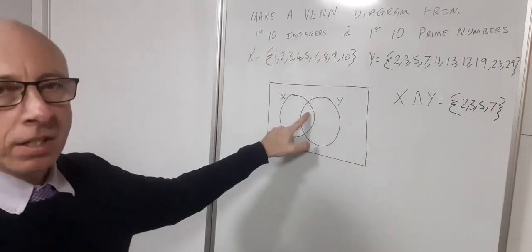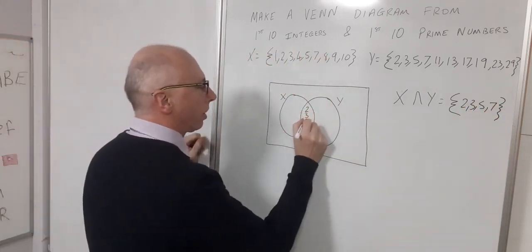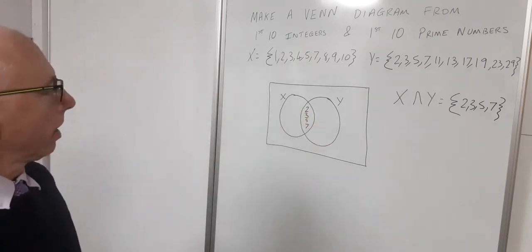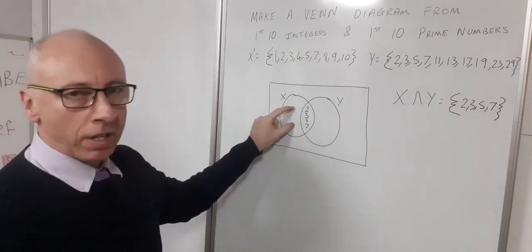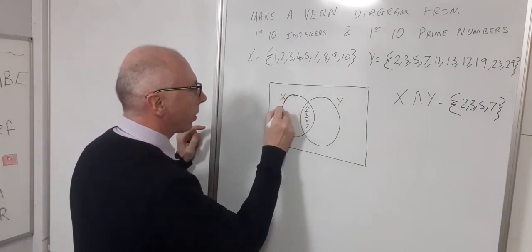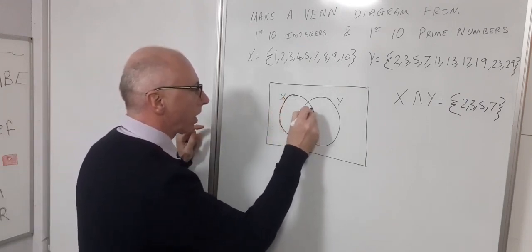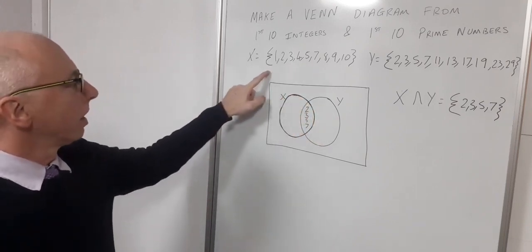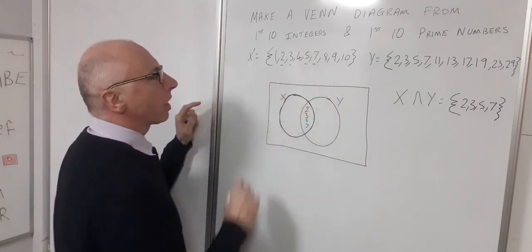So X intersection Y will go in the middle: 2, 3, 5 and 7. Now to finish off, we need to fill in the rest of this circle here, X. If I just outline this circle nice and clearly for you, all that's enclosed in here should be all of the elements of set X. So 2, 3, 5 and 7 we've already got.